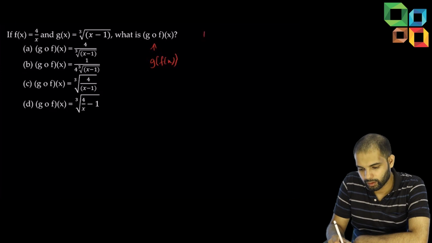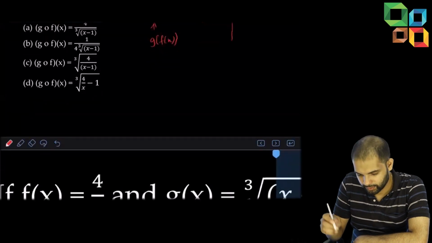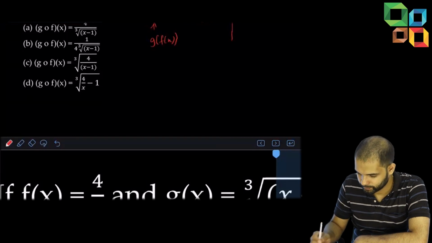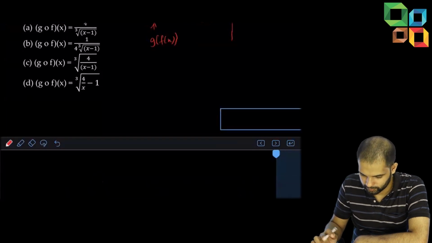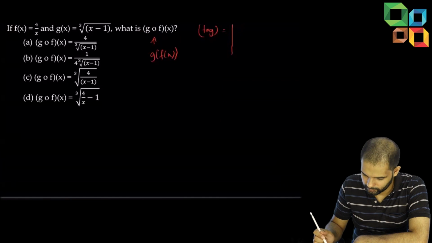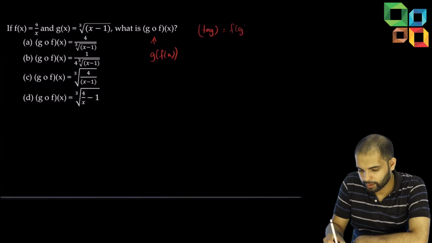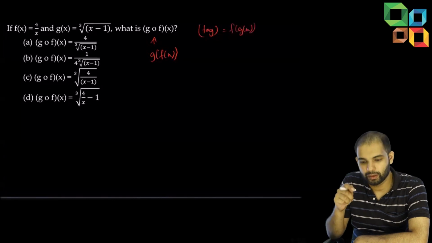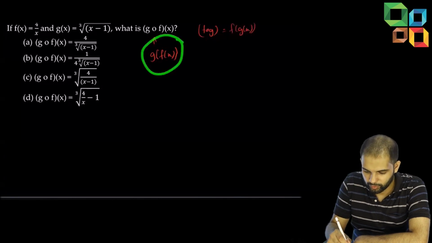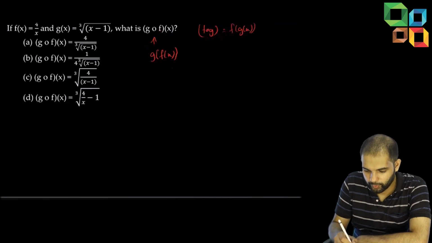So if I write f o g, this is nothing but f of g of x. You may think, what is this g of f of x? You know what g of 2 is, right?